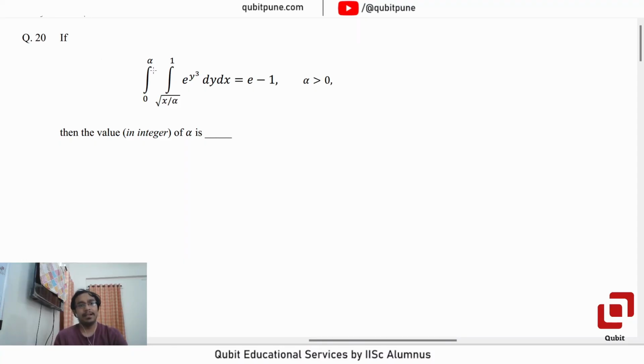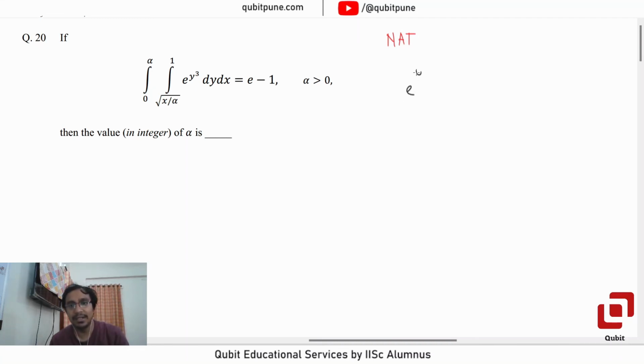Question 20. If the integral from 0 to alpha, integral from root of x by alpha to 1, e to the power y cube dy dx is e minus 1 with alpha positive, then the value in integer of alpha is, again a numerical answer type question. Look, what is the integrand?